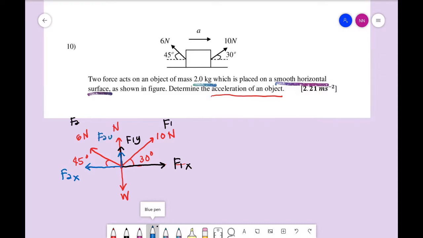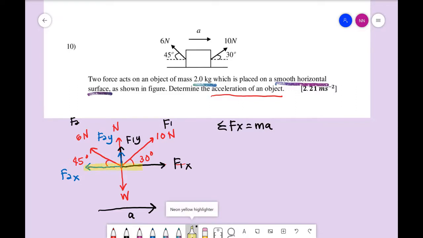For component X, it accelerates to the right. So the concept is net force x equals ma. Look at this area.